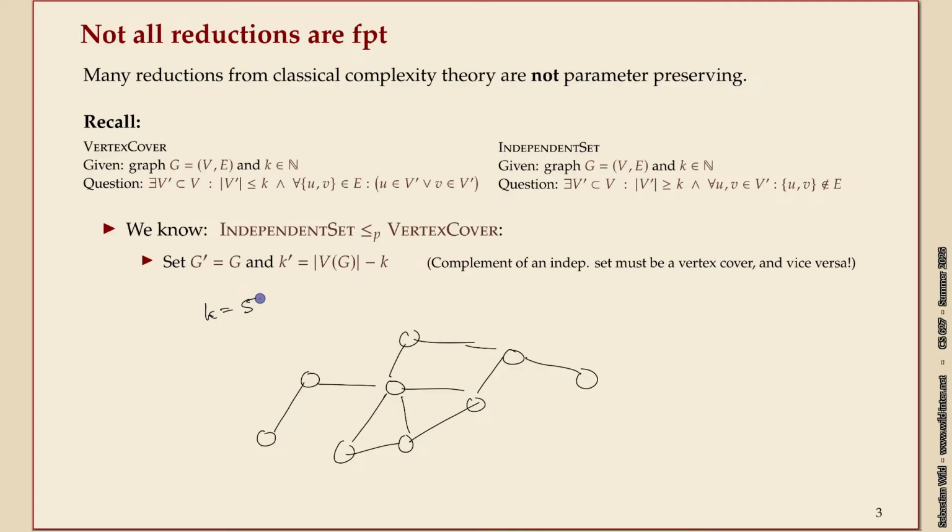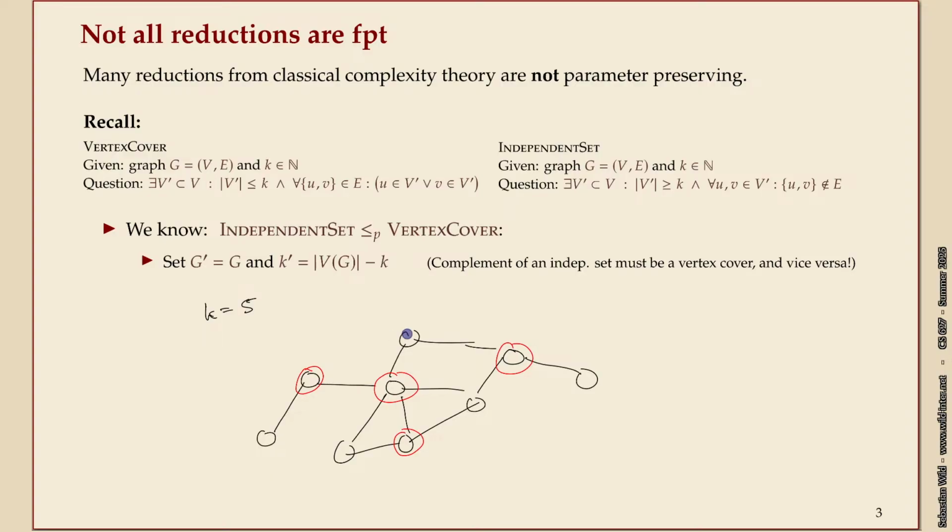Can I vertex cover this with 5 vertices? Oh god, okay. I'm gonna take this, gotta take this. Then this looks like a good one. Then almost everything's covered, right? Just these two. That covers everything. So I could do it with 4.